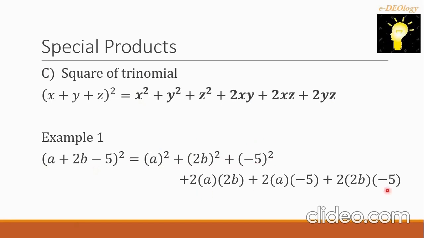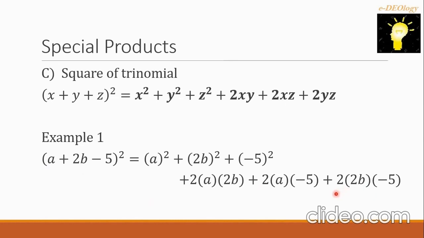And for our second group, we're going to multiply two terms at a time and then multiplied by 2. So at first I'm going to multiply a and the 2b and then times 2. So you see here 2 times a times 2b. Next I'm going to multiply a and the negative 5 and then times 2. For the last term I'm going to multiply 2b and the negative 5, it's here, and then times 2.